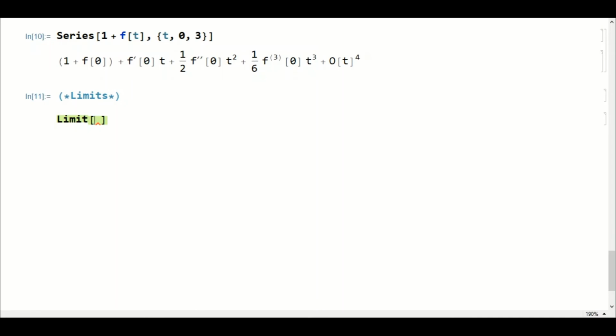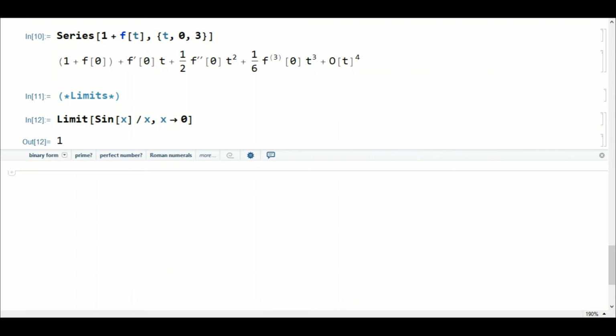I will first write the expression sine of x divided by x, where x tends to 0. So you can see the answer is 1.